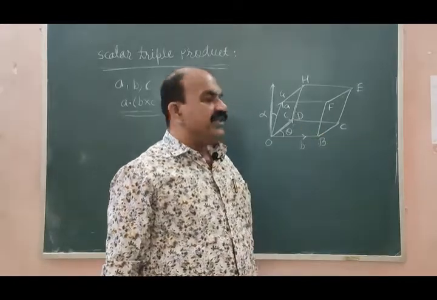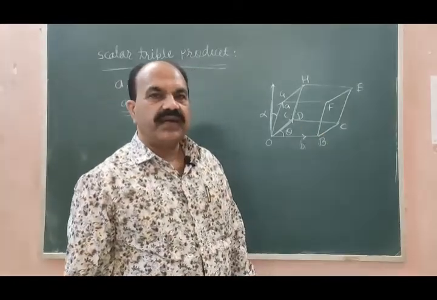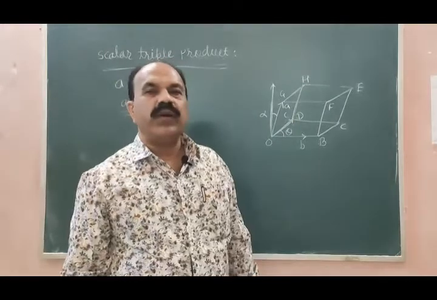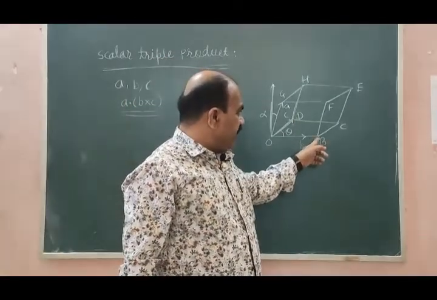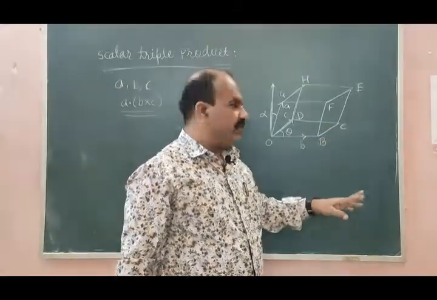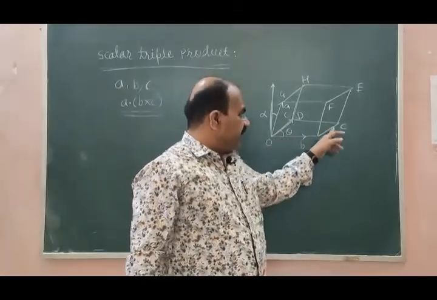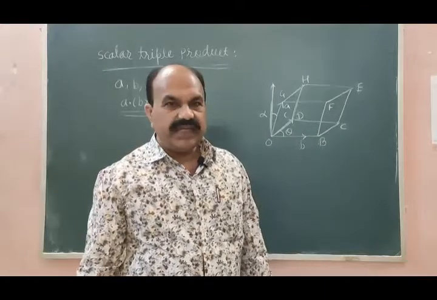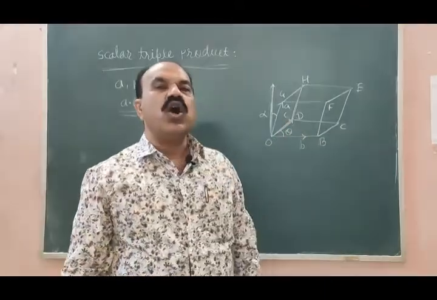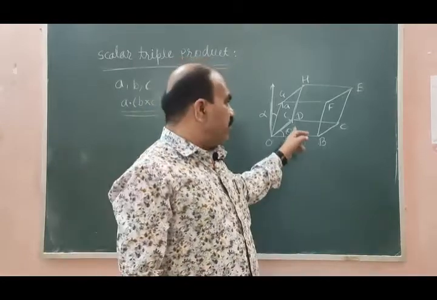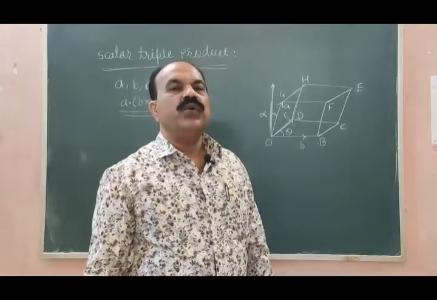OBCD is the base of this parallelopiped. One side is B, this side will be B. If this side is C, this side will be C. It means that vector B and vector C are concurrent edges of the base OBCD.